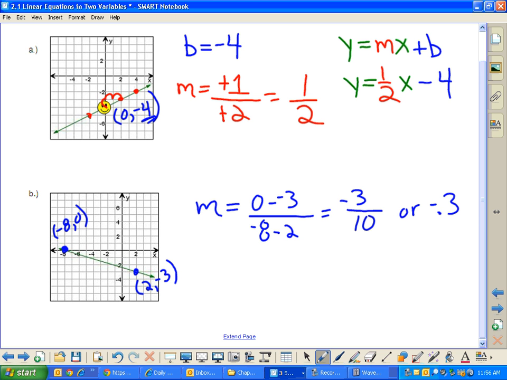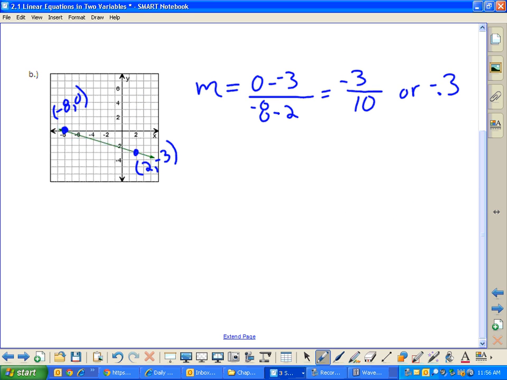My y-intercept, I want the exact value for that. I don't want the approximation. It looks like it goes through at about -2.5, maybe a little less than that, but we want it exact. So what we're going to do is use our shell, y equals mx plus b, and fill in what we know about m, and grab an x and a y value.